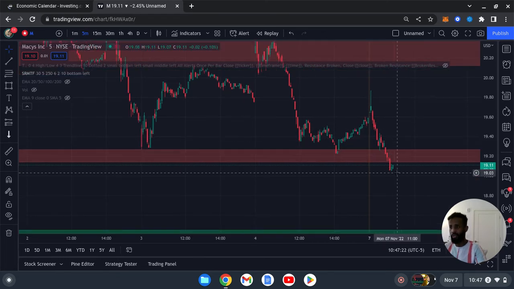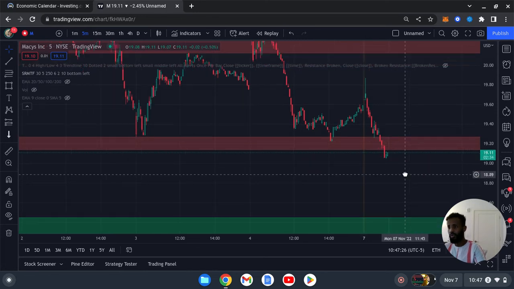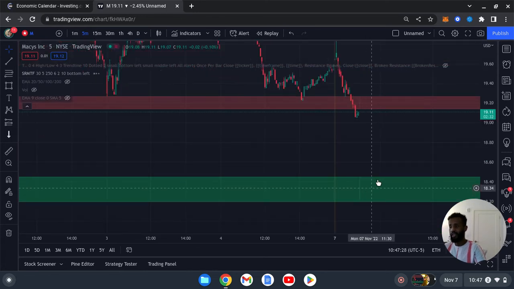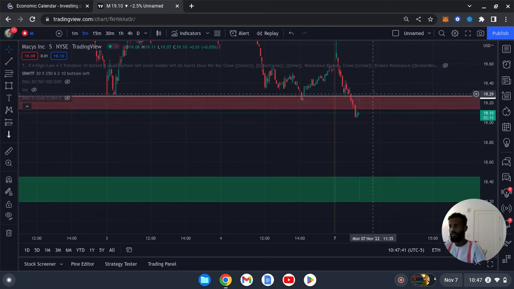And once we break below, so as you can see, Macy's now broke below here. This can now become our new demand zone, and this becomes our supply zone, and it'll struggle to break above this level now. This right here will be more of a resistance now, and it would be smarter to maybe grab some puts around here.